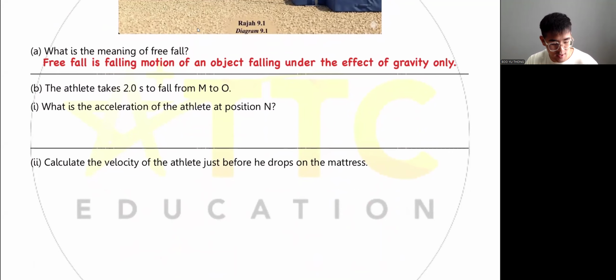For example, if my calculator is falling, it is also falling due to the effect of gravity. But there's actually another external force acting on the calculator, which is the air particles that cause air friction. Because my calculator has a surface area, when it falls down it will be affected by air resistance, so this is not considered free fall.